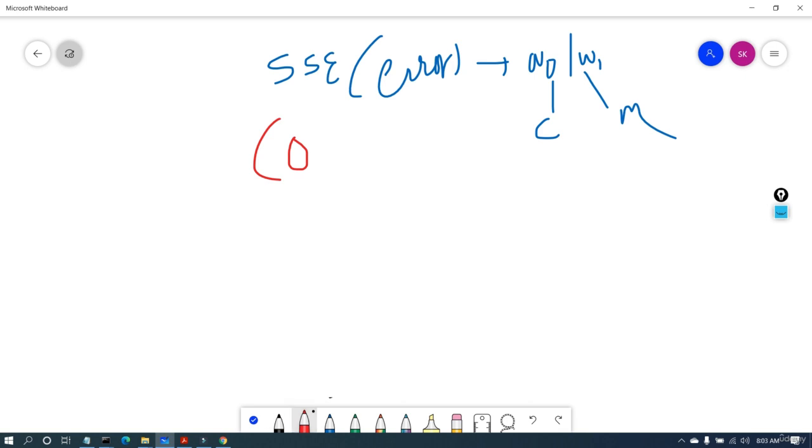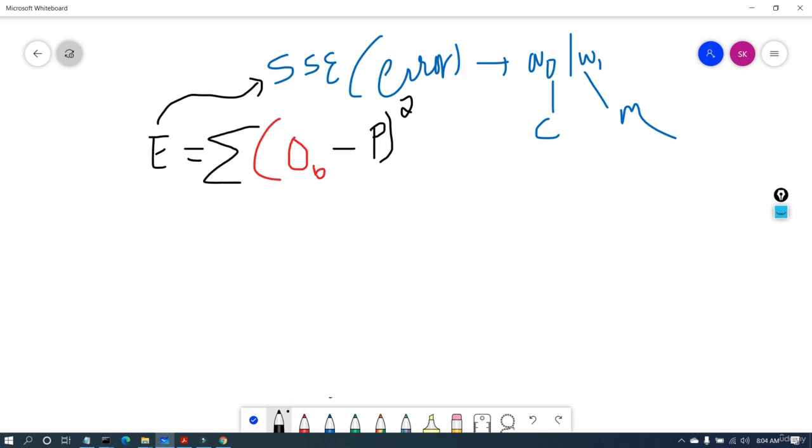This is the observed value, and similarly minus the predicted value, and this is whole squared. This is nothing but our error, another way of saying sum of squared error, and for every data point we have a summation. We do the same task for each and every data point.